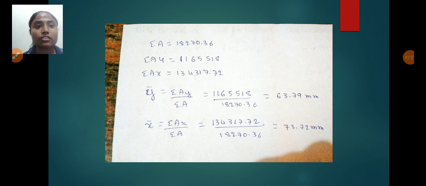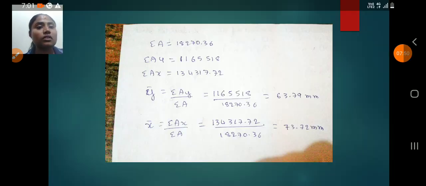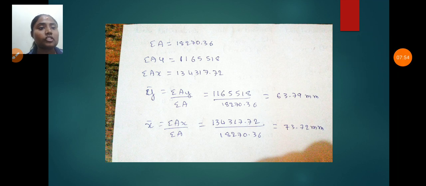Now when we do the summation of area, we get 18,270.36, and the summation of AY as 11,65,598, and the summation of AX as 1,34,317.72.